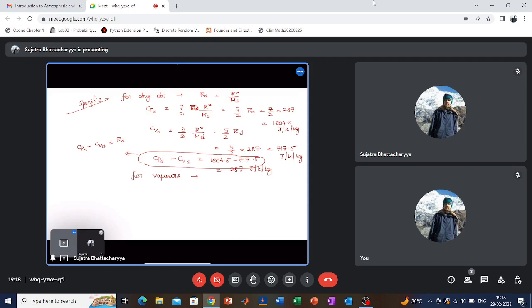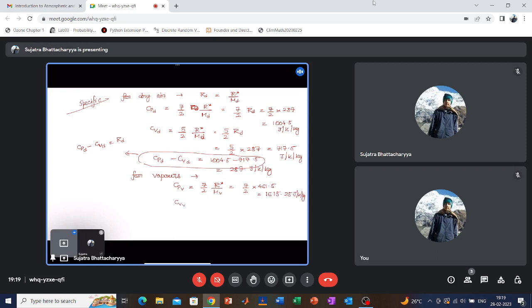So for vapors, we now just replace CPV as 7 by 2 R star by MV, and that comes out to be 7 by 2 into 461.5. If you do it, it comes out to be 1615.2 joules per Kelvin per kg.